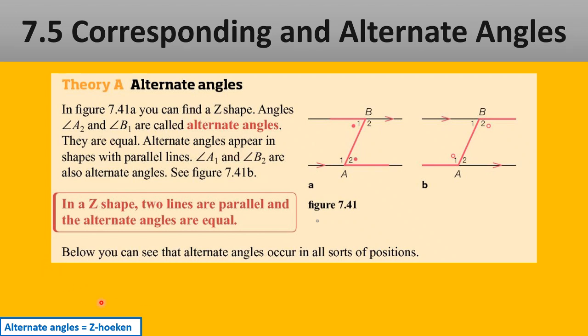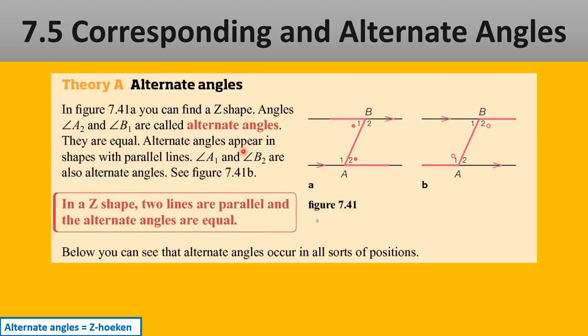Well, in this case I would like you to remember the Dutch translation as well, because we're talking about certain angles in Z-shape like figures. So for example, right here in 7.41 in A you can find a Z-shape like this, right? What is a Z-shape? Well, this line here is parallel to this line here, and then you have a line that connects them.